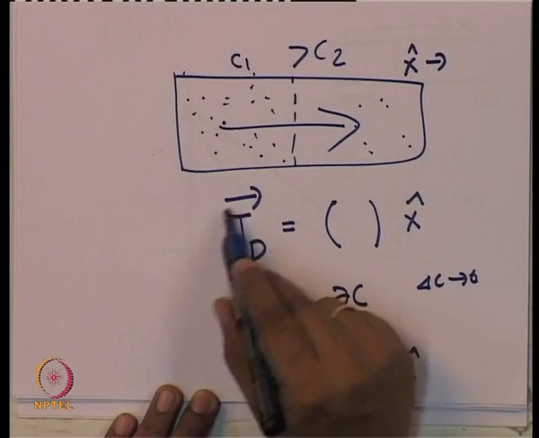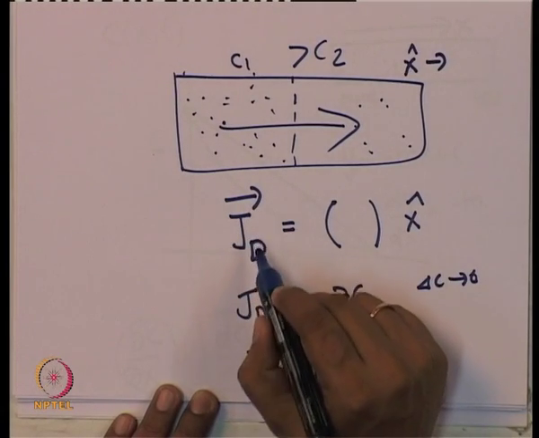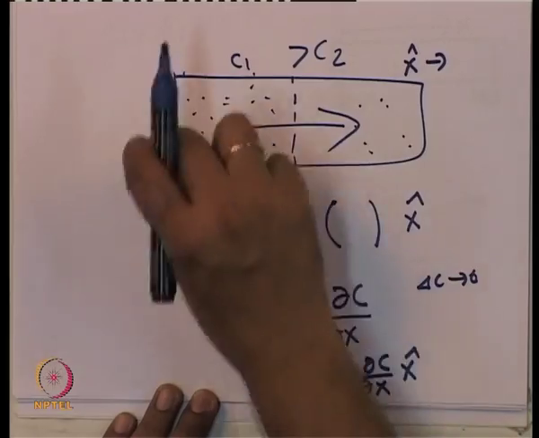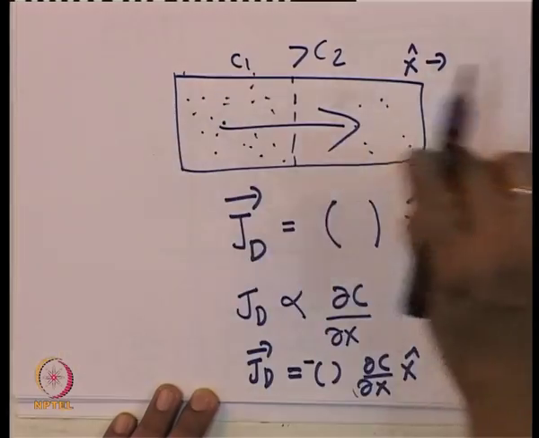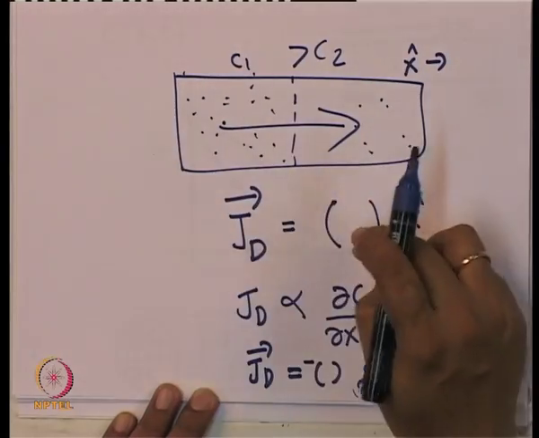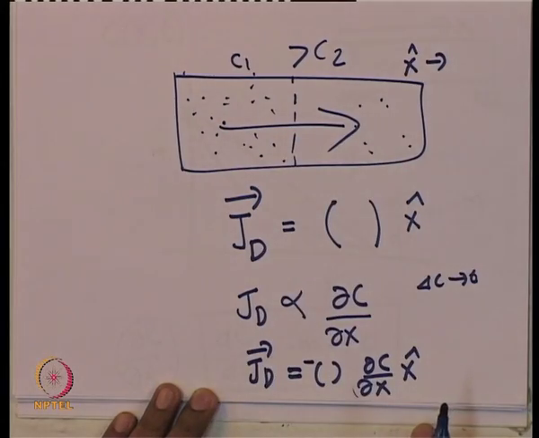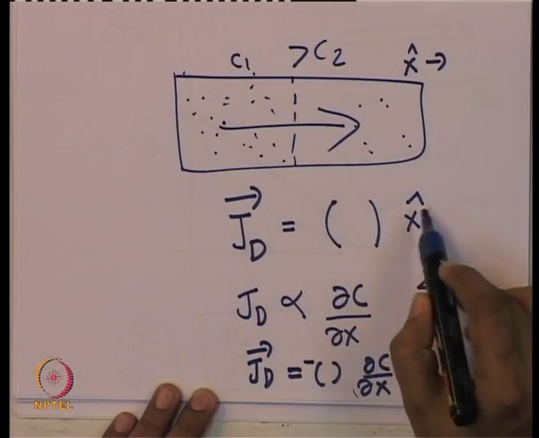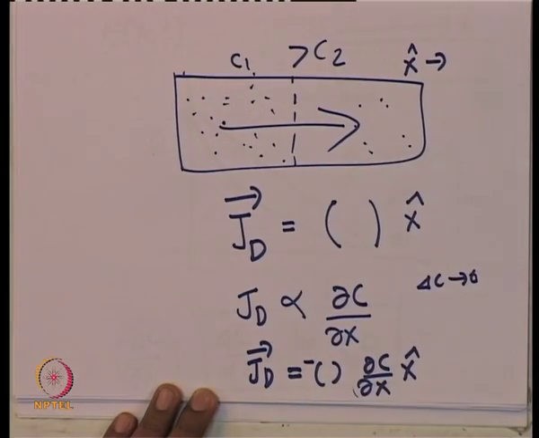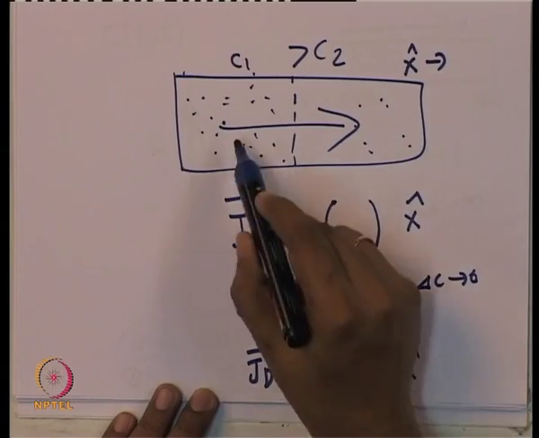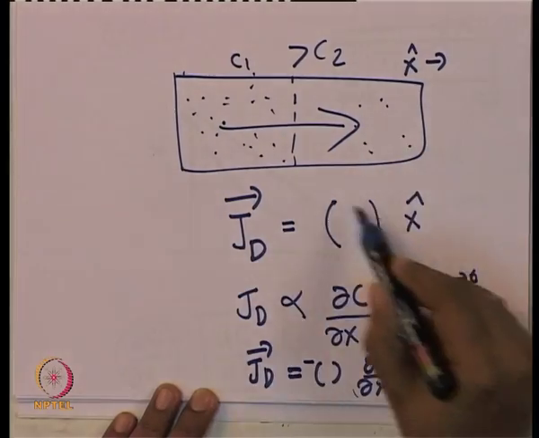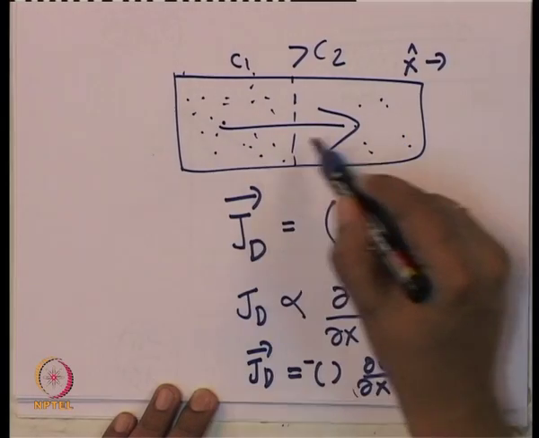JD is the current or the flow, the current of ions in this direction. So, this current, due to this concentration difference, has to be in the direction of x. That much is clear. It is also clear that it has to be proportional to del c by del x, the change in concentration as we go along the x axis.